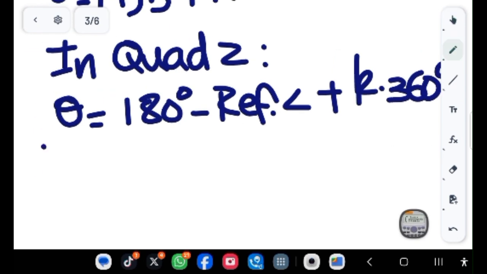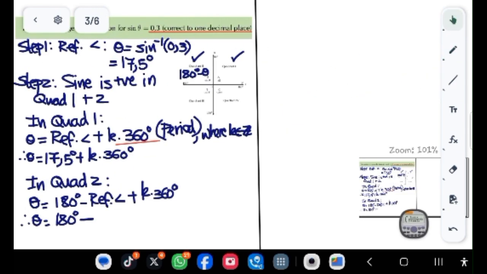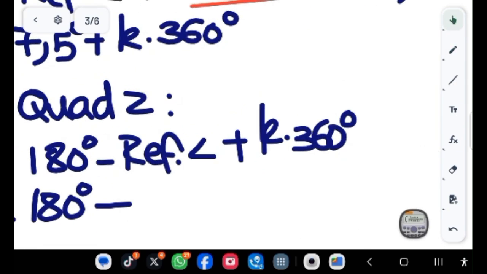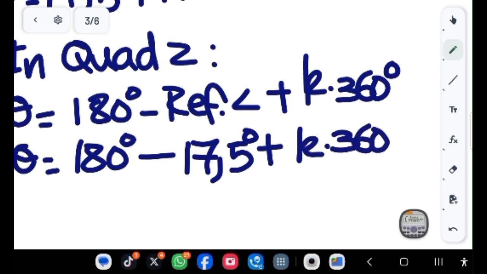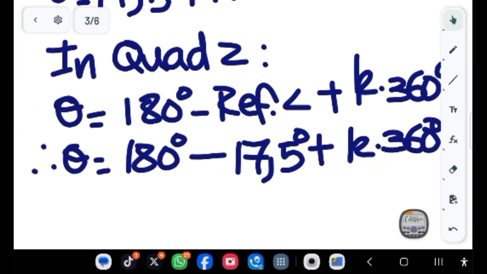I'm just lazy to write that, but it's very important to keep. So what's our reference angle? We'll go back to our reference angle again. The reference angle was 17,5 degrees. So that is minus 17,5 degrees plus K times 360 degrees, where K is an element of integers.